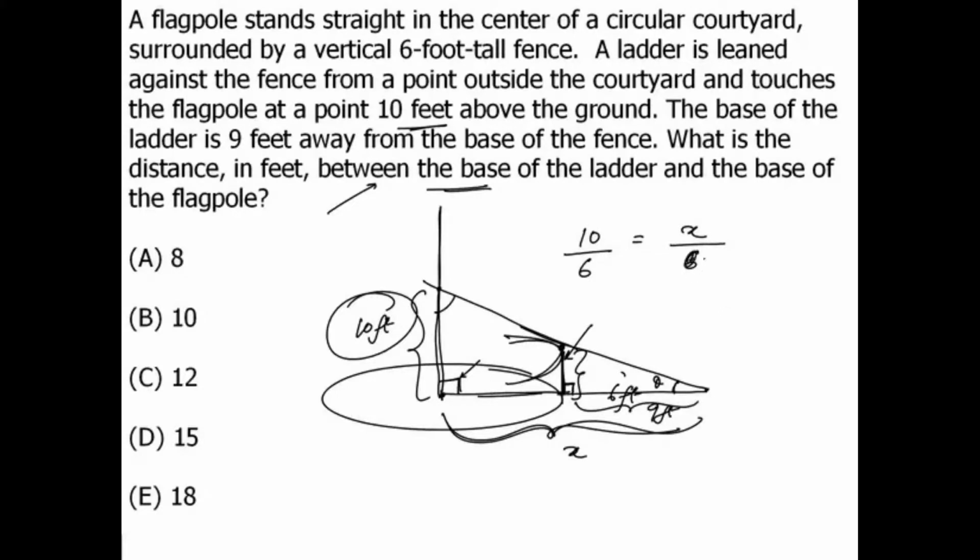Actually, it's 9. So that's why it's important that you label it cleanly. So in this case, I can isolate x and reduce it, and I get 15. So the answer is D.